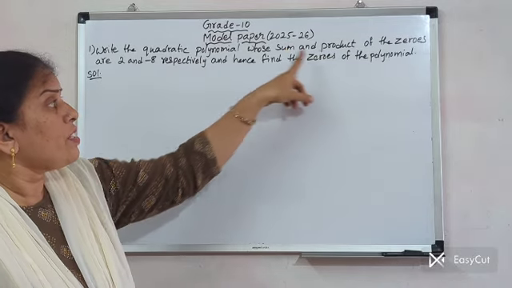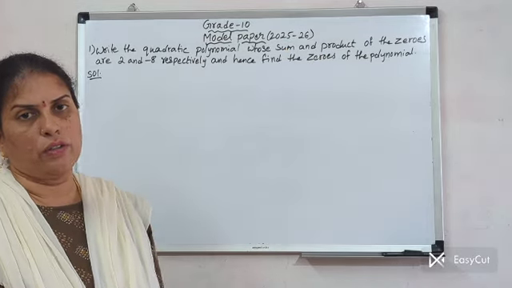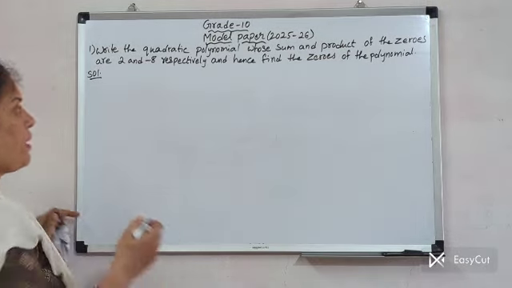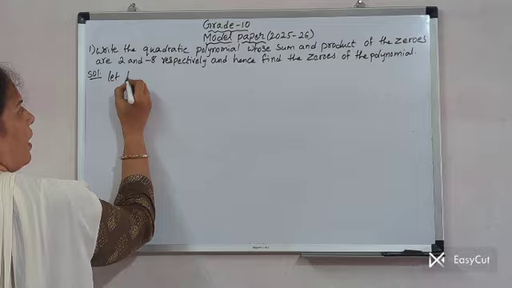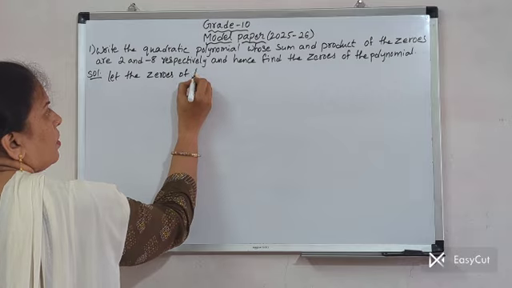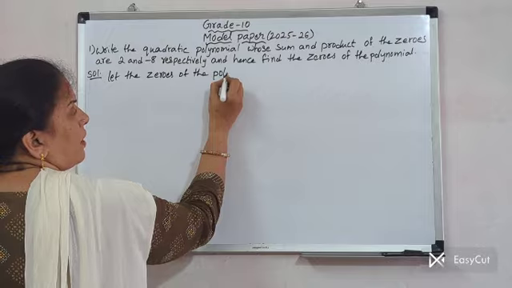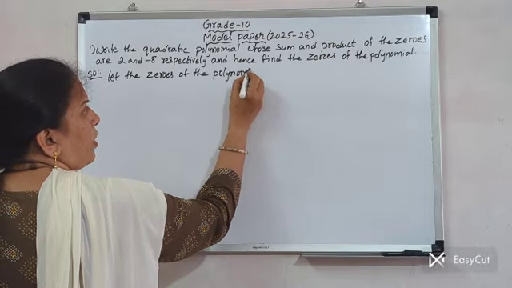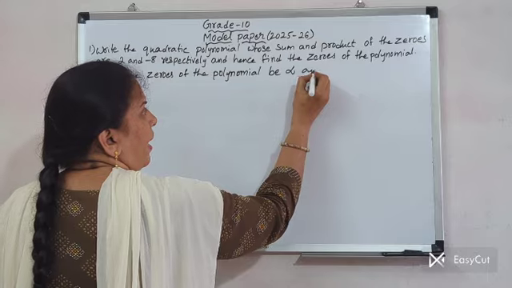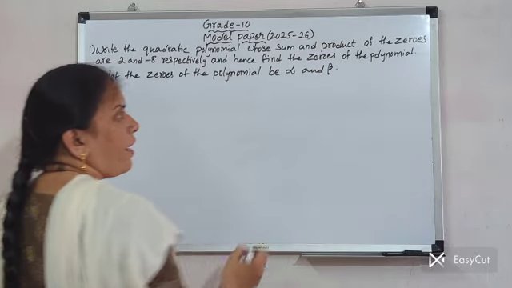Okay, see, the zeros of the polynomial they told. We will take the zeros of the polynomial as alpha and beta. Let the zeros of the polynomial be alpha and beta. Okay?